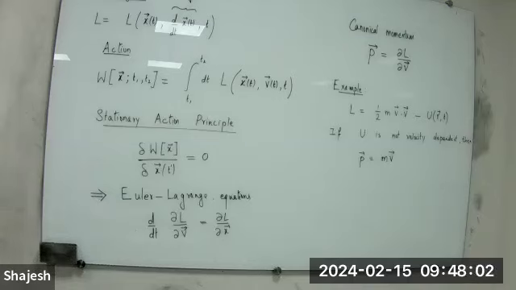Let's begin with the following. Which force is velocity dependent? Give me an example of a force that is velocity dependent. Lorentz force, any other force you can think of? That is velocity dependent. Good. Lorentz force is magnetic field, q v cross B.